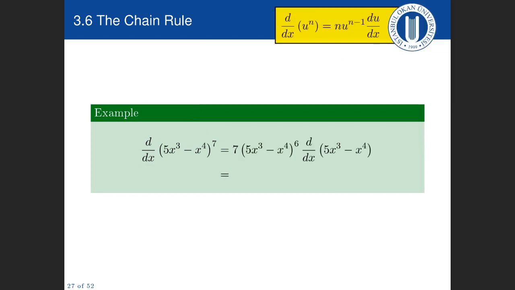So that's 7, 5x to the power 3 minus x to the power 4, all to the power 6, multiplied by the derivative of u. Or 7, 5x cubed minus x to the power 4, all to the power 6, multiplied by 15x squared minus 4x cubed.